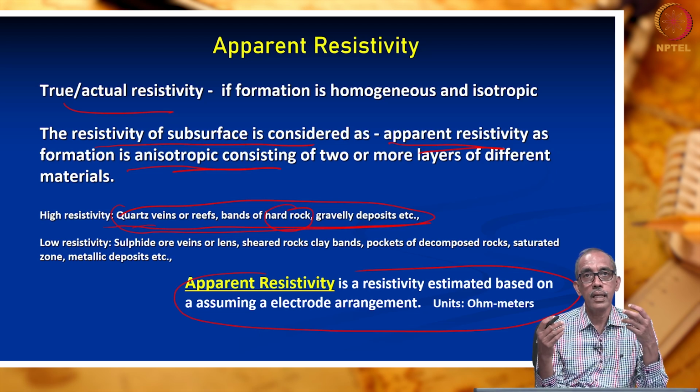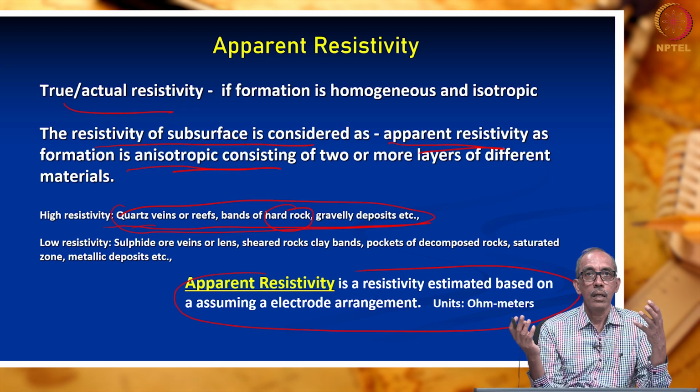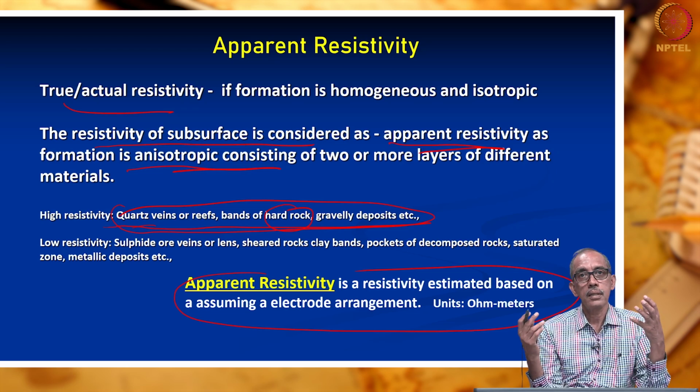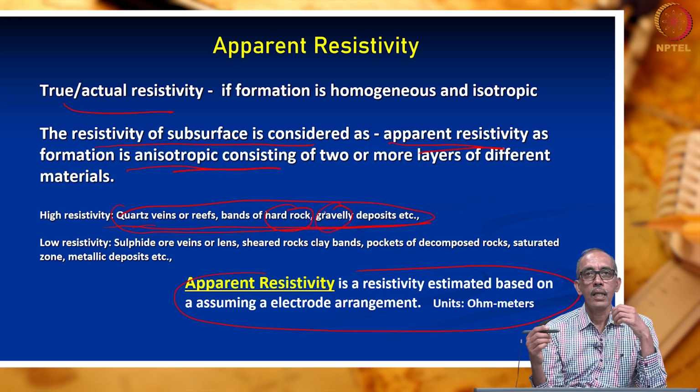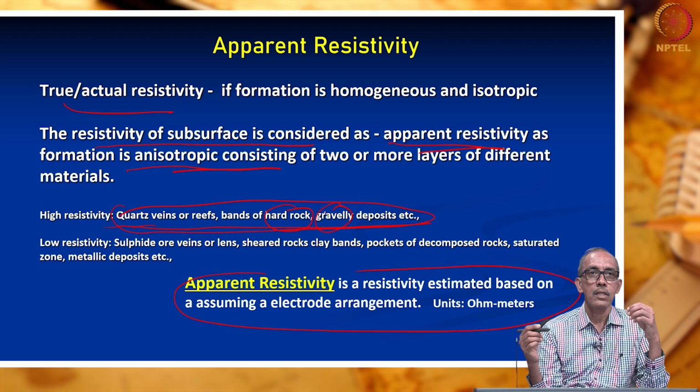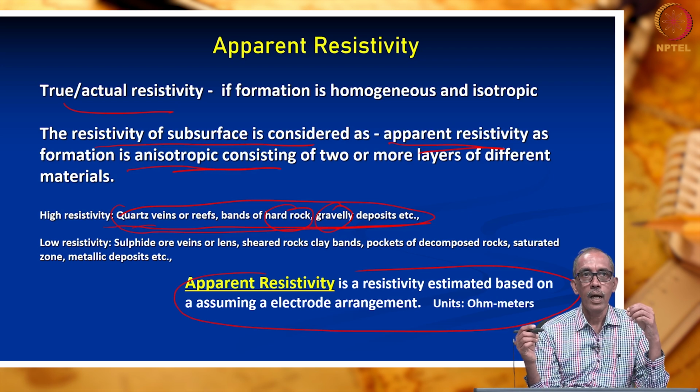For concrete aggregate, we use rock quarried from the major quarries that consists of granites or gneissic rock, which are massive rocks. Then gravels. These materials are highly resistant. They offer high resistance to the flow of current. So they are high resistivity materials.